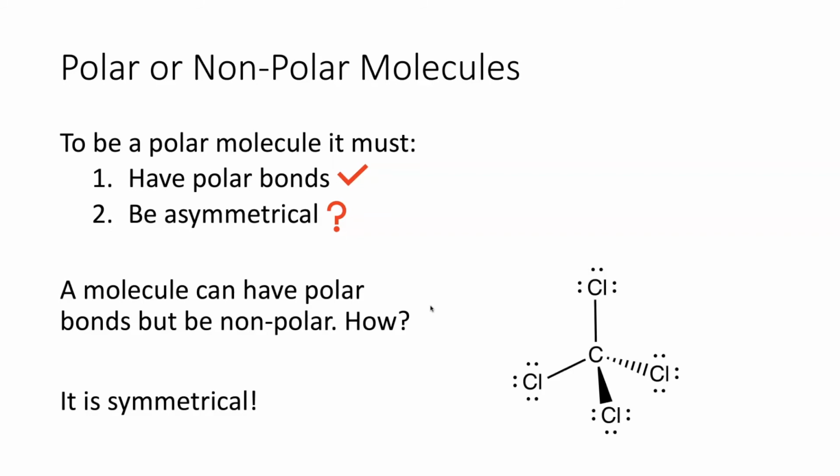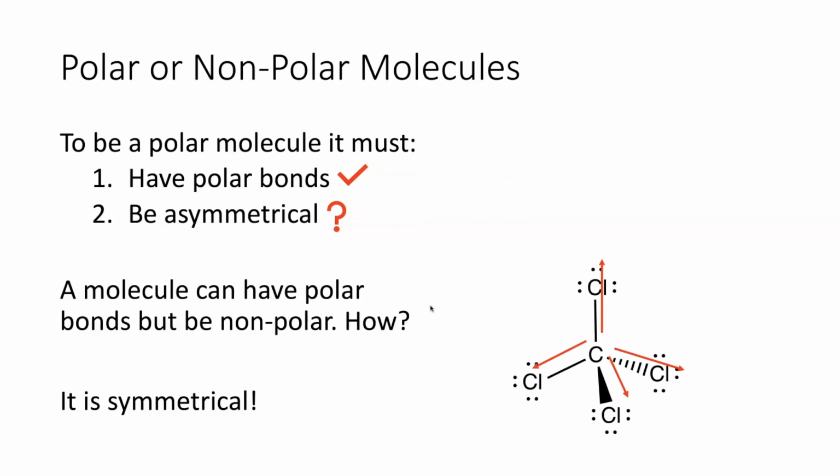So let's take, for example, carbon tetrachloride. We saw that that carbon-chlorine bond, even though it was right at 0.5, I said was polar. So those are all polar bonds. But why is this molecule not polar? Well, it's totally symmetrical. I've drawn in the direction of the dipole. The dipole is just a polar bond.